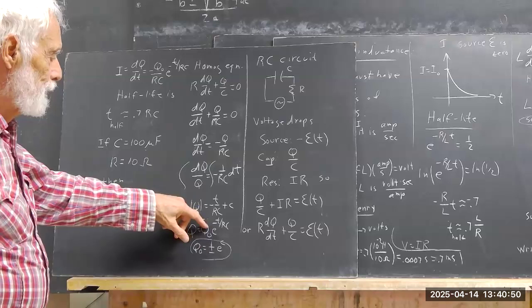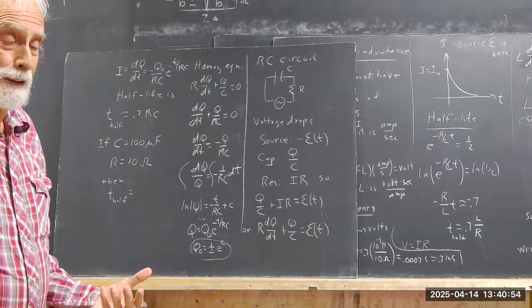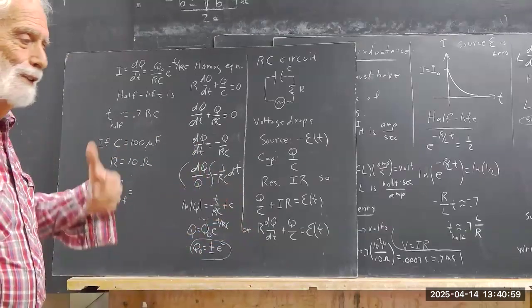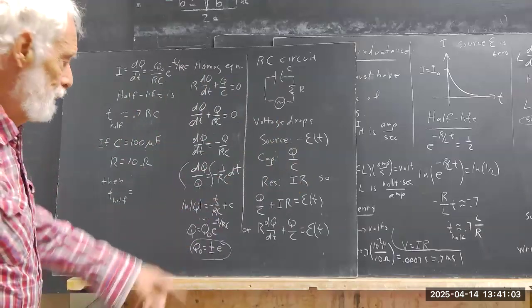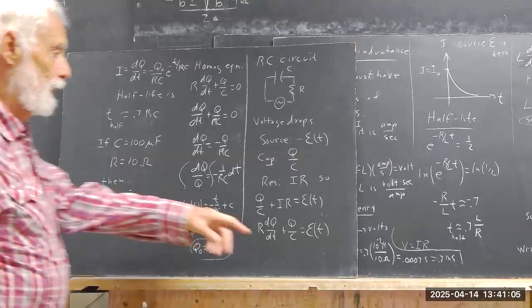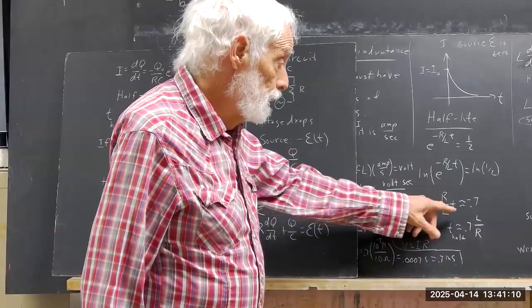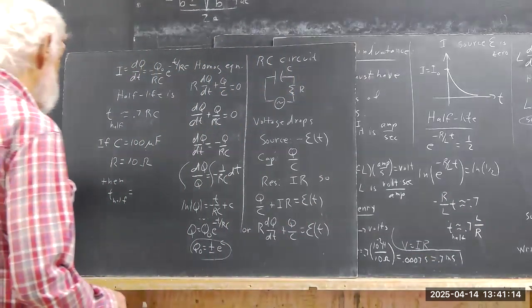If I set e to the negative t over RC equal to 1/2, then negative t over RC is equal to about 0.7. So that t would be 0.7 times RC. So if you write it out, it's analogous to what I wrote here.